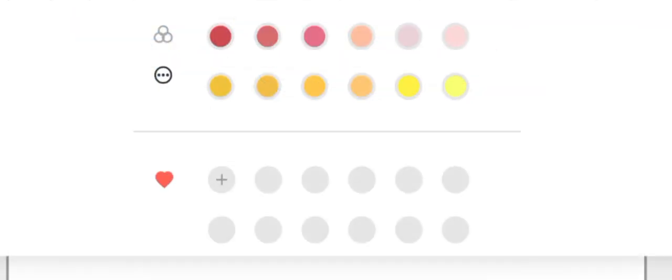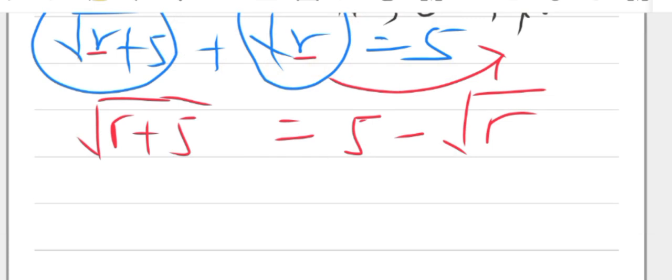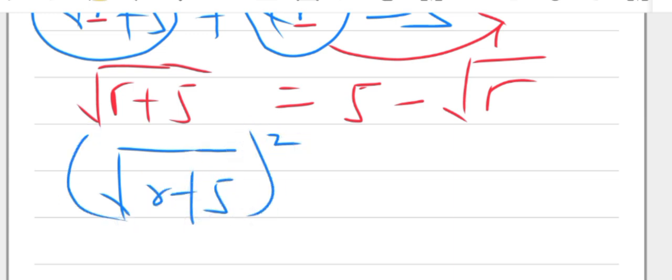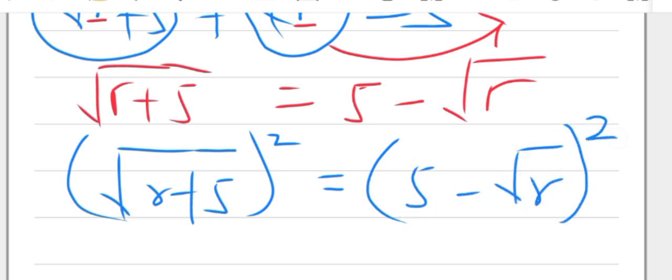So we square both sides of the equation: r plus 5 to the power 2, and the right hand side, 5 minus root r, also to the power 2.